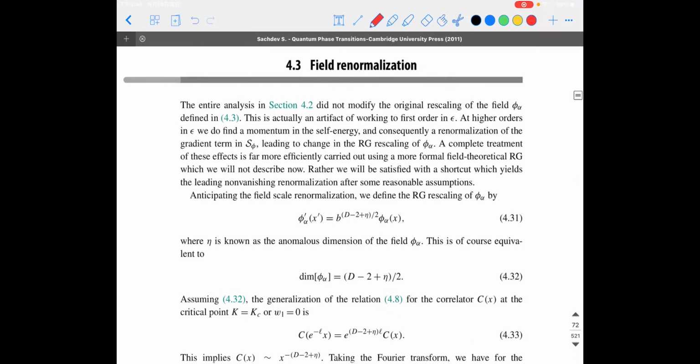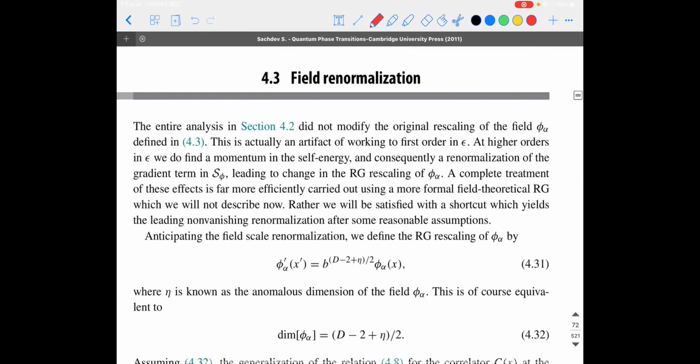But why do we need to do the field renormalization? The epsilon expansion did not modify the original scaling of the field. Yes. This is actually an artifact of working to the first order in epsilon. At high orders in epsilon, we do find a momentum dependence in the self-energy.